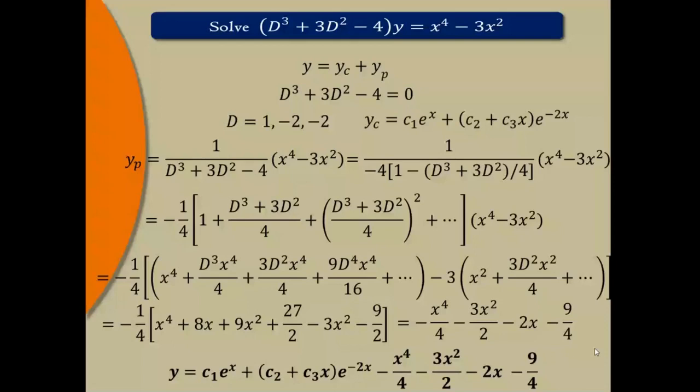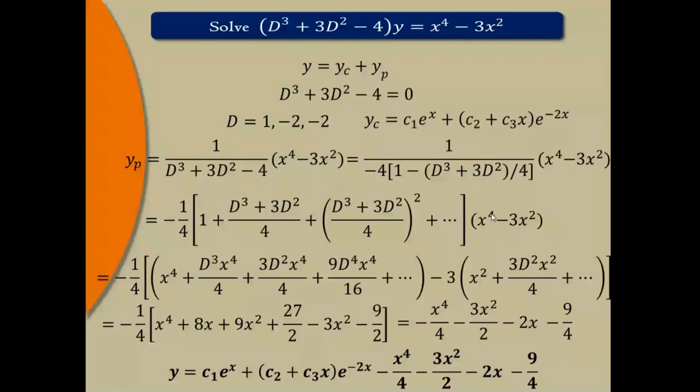Okay, so carefully understand this method, what to do. Power of x on the right hand side: try to get 1 in the denominator, and to get 1 take the constant term common. After getting that 1 and terms in d, use the formula 1 upon 1 minus z or 1 upon 1 plus z, whichever terms are there. Do the expansion using that standard formula up to this power of x.